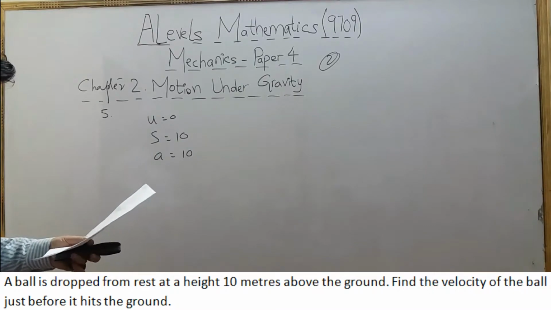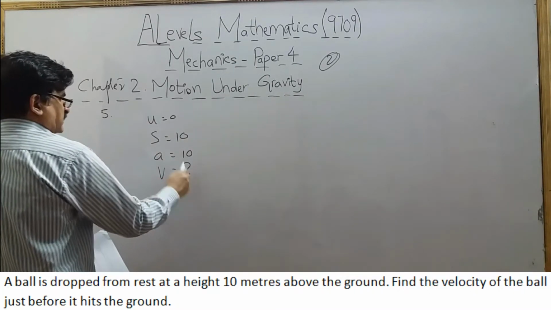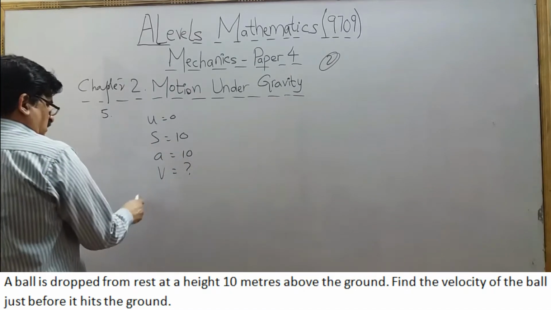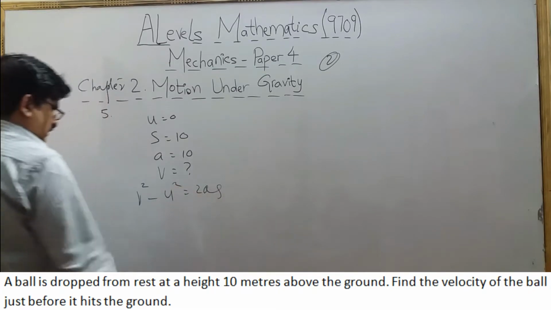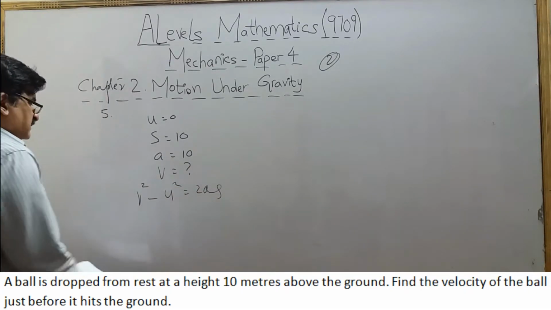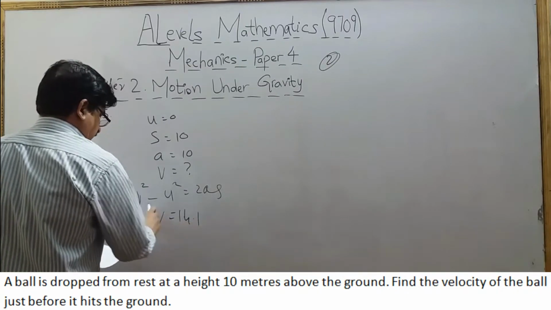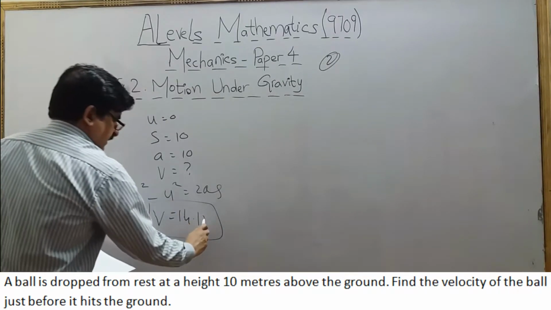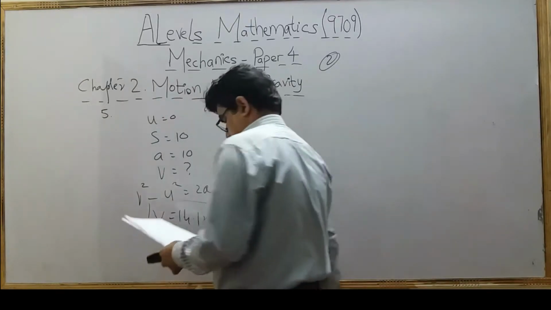Find the velocity of the ball just before it hits the ground. We have to find velocity. Now, simple situation, you know that v square minus u square is equal to 2as. You put in the values yourself, you will get the value of v to be 14.1 meter per second.